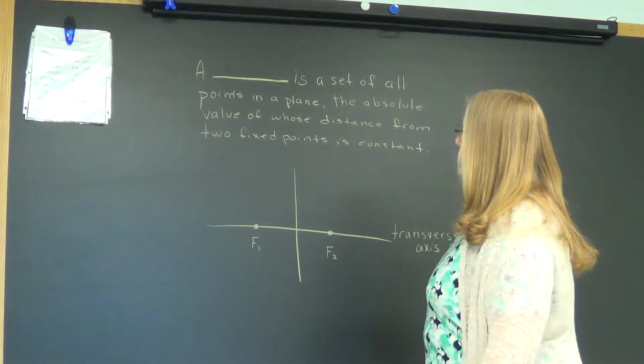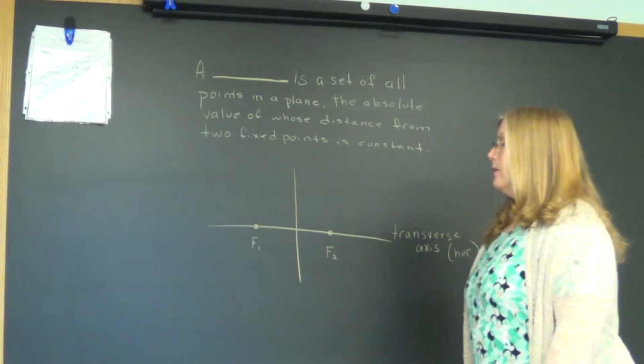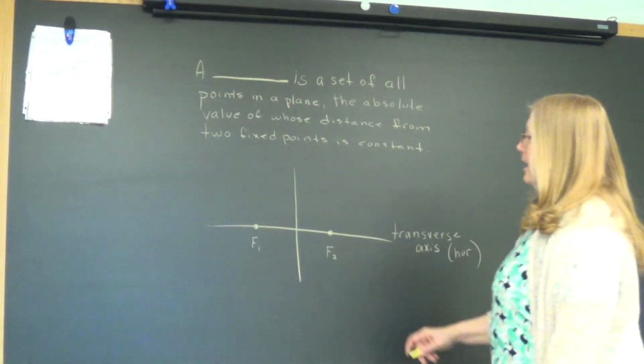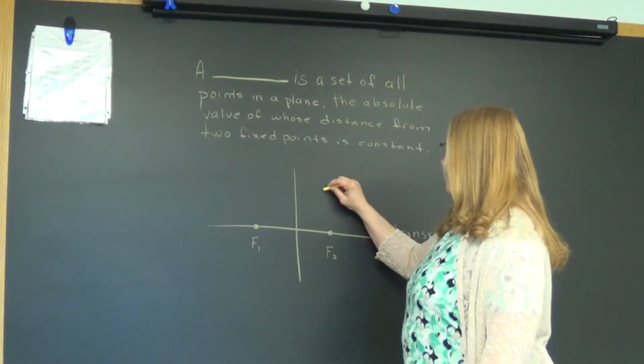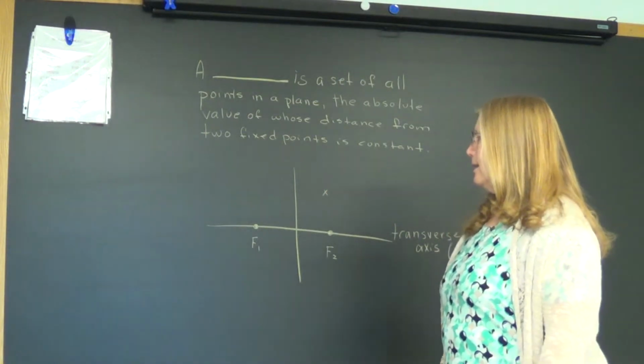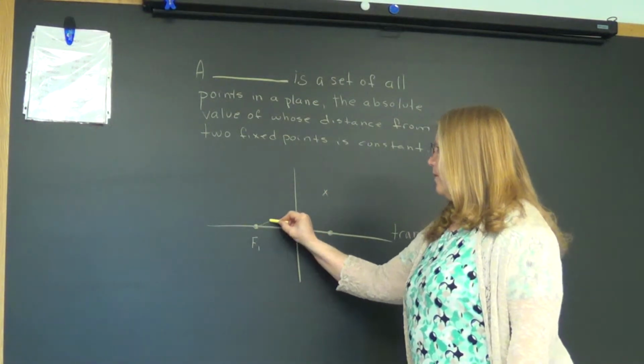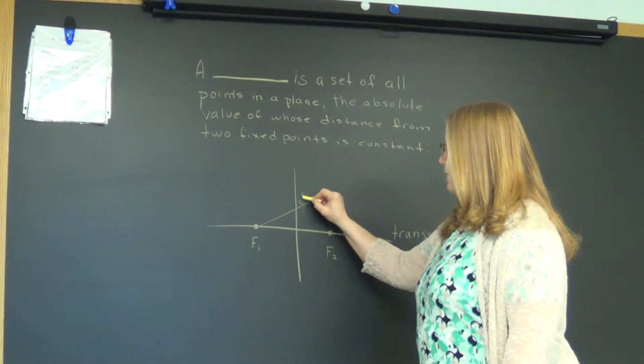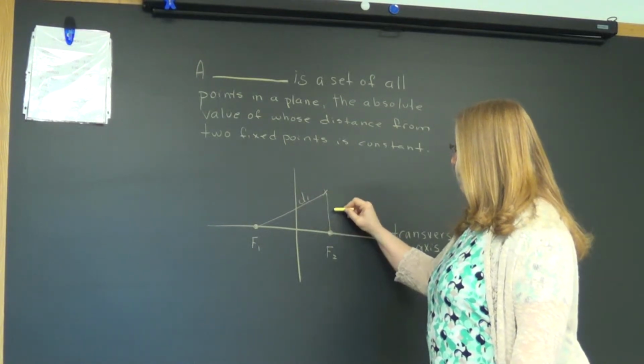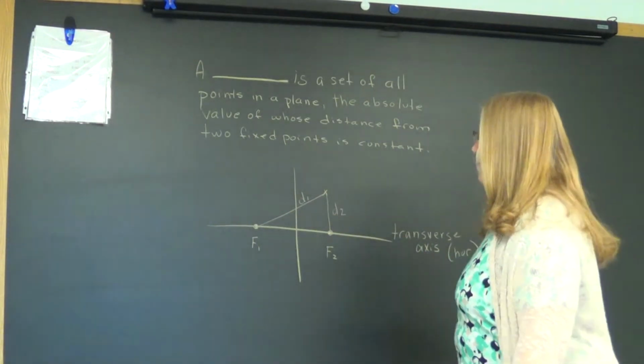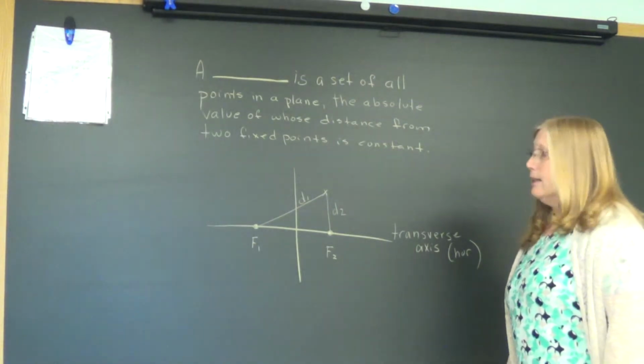Alright, so let's find some points and see what this shape turns out to be. Let's say that I pick a point right there. I'll put an X. So distance from the first focus and distance to the second focus, I'll mark D1 and D2.